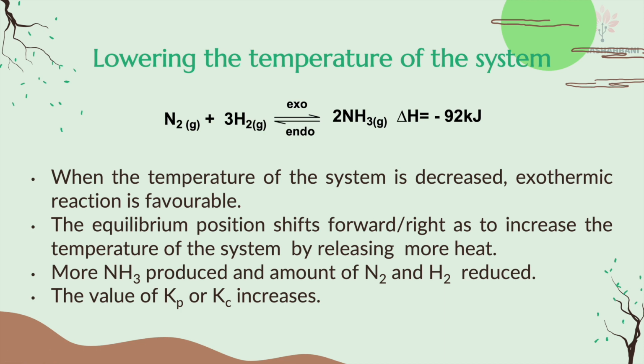If you need more heat, exothermic reaction is favorable. If you look at this arrow, the equilibrium shifts to the right. When equilibrium shifts to the right, reactant concentration will decrease and product concentration will increase. More NH3 is produced, and the amount of N2 and H2 is reduced. So the value of Kp or Kc increases.